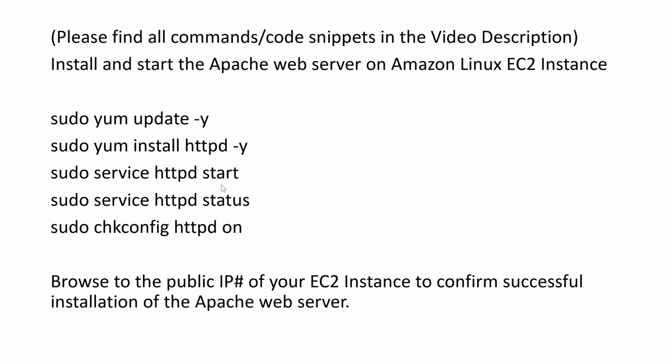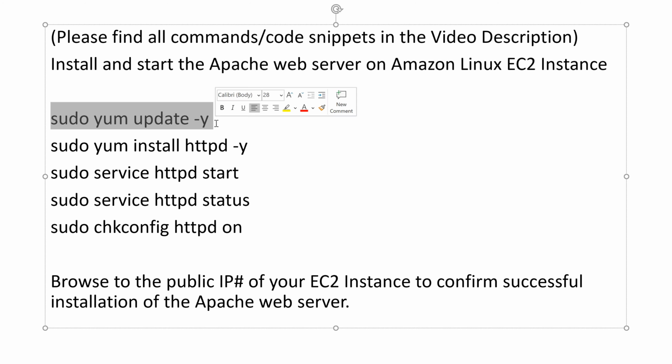On your EC2 instance, install the Apache web server and configure it as shown with the commands. Please find all commands and code snippets in the video description. So to install and start the Apache web server on an Amazon Linux EC2 instance, first update your OS.